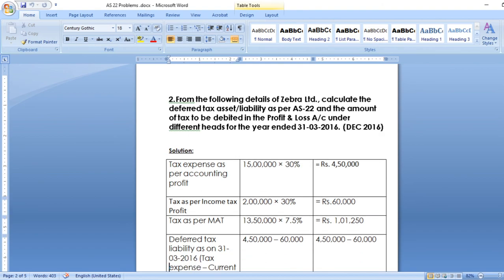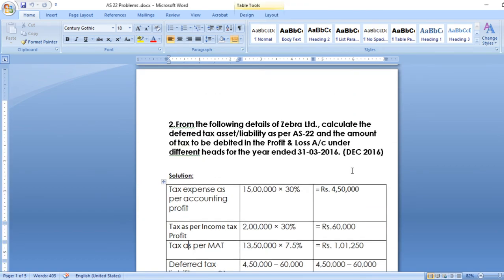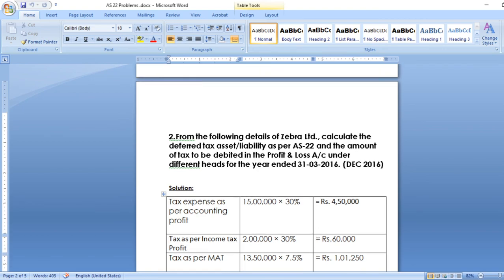Actually the answer is also given here. Just deleting the answer. So this is the question, this is the part answer. Just go through the question.